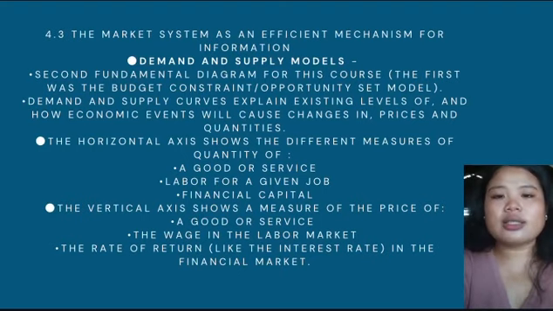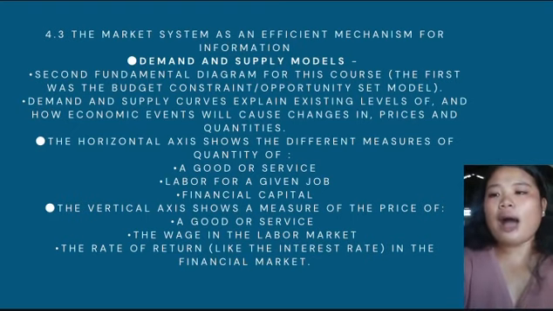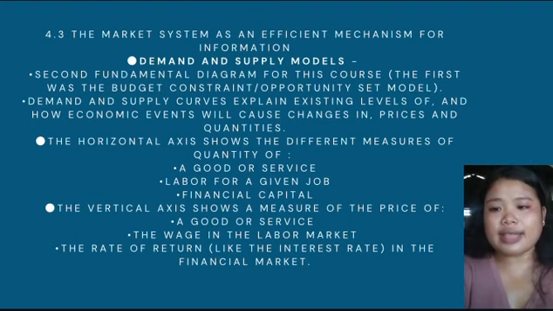Let's proceed to the topic of the market system as an efficient machine for information. A market system is an efficient tool for disseminating information, conveying relative prices of different commodities, labor, and financial markets.